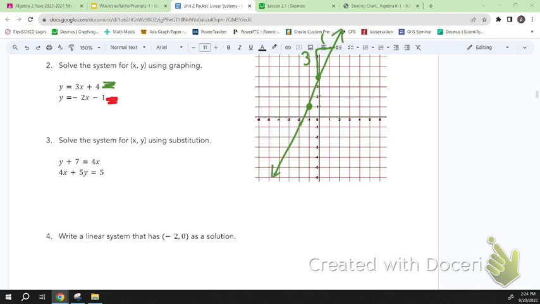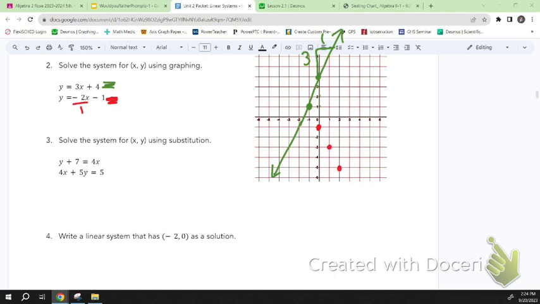Okay. Where does the second one start? At -1. And how does it move? How does it move? Down 2 and over 1. Down 2, over 1. Down 2, over 1.